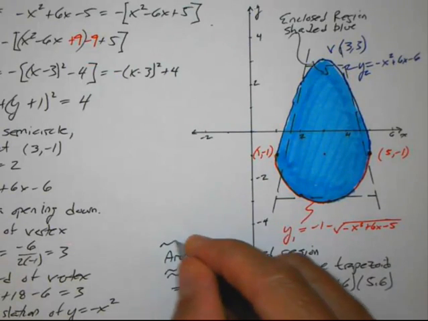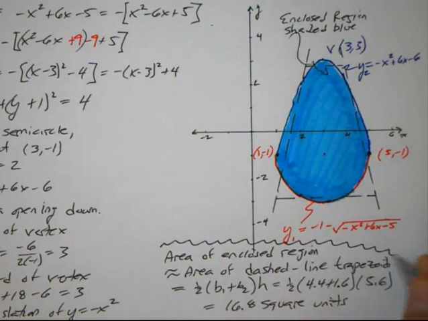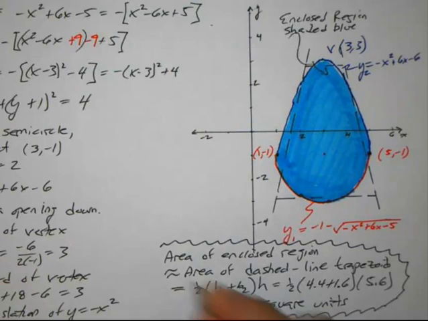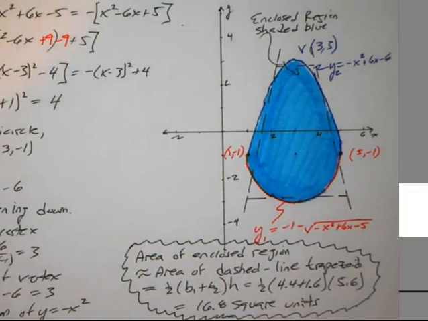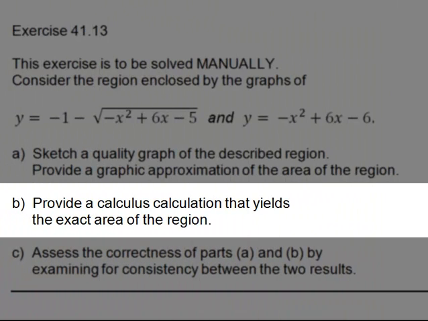I'm going to put this in a nice prominent cloud here since it is the conclusive statement to the graphic approximation. Part B. Provide a calculus calculation that yields the exact area of the region.